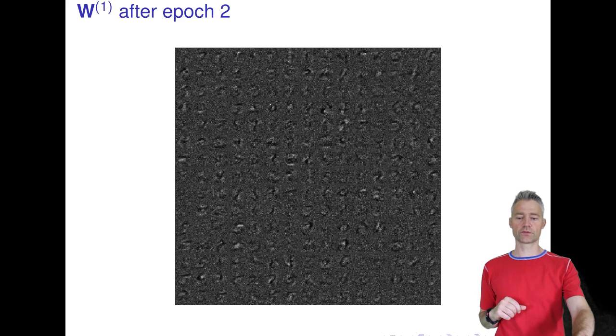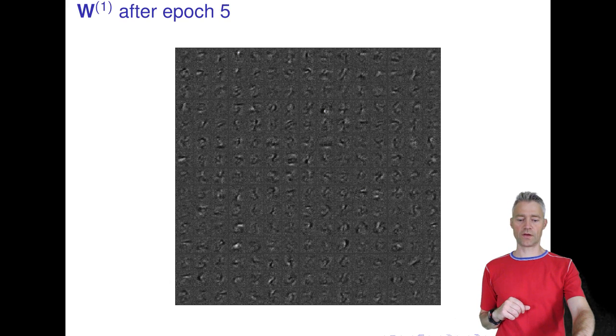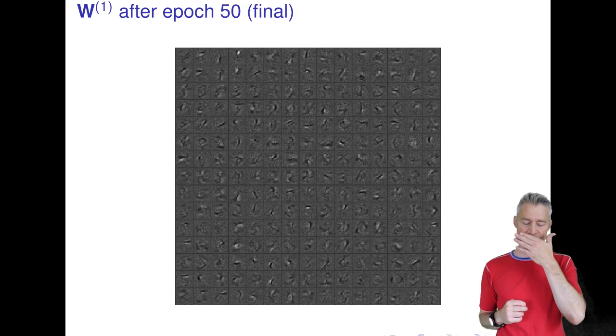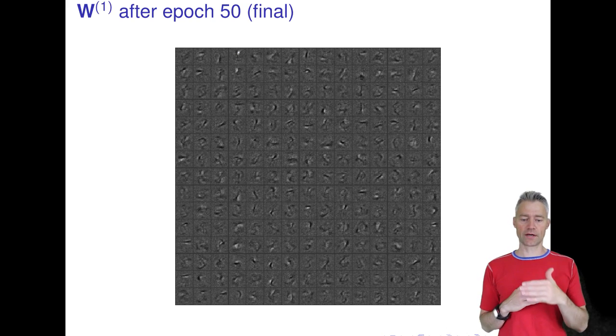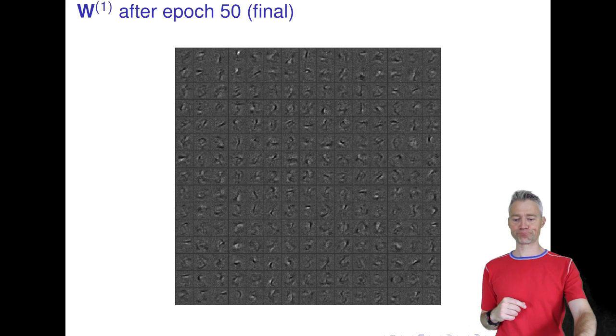And now after 2 epochs, 3, 4, 5, 10, and 50, and then we stop here. Now you can see we have this pattern where we have edge detectors, this black and white thing that picks up parts of the digits.